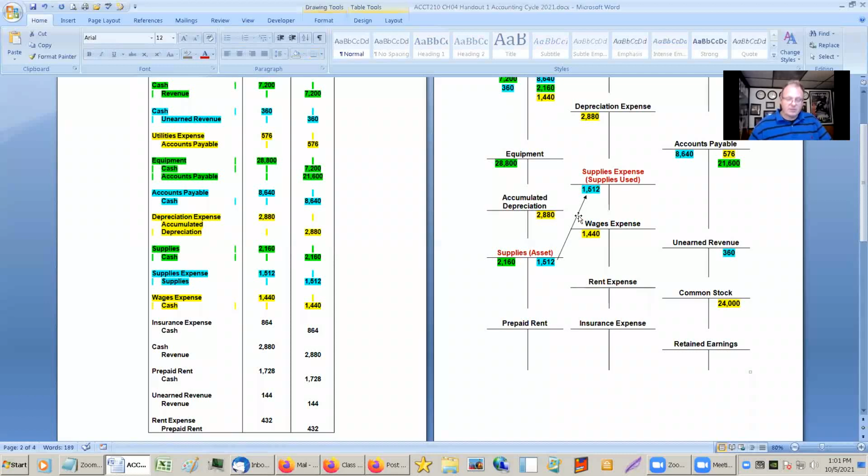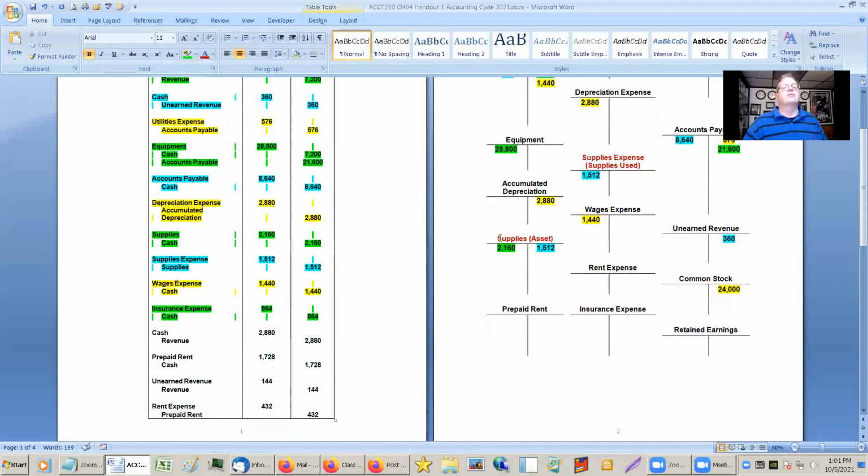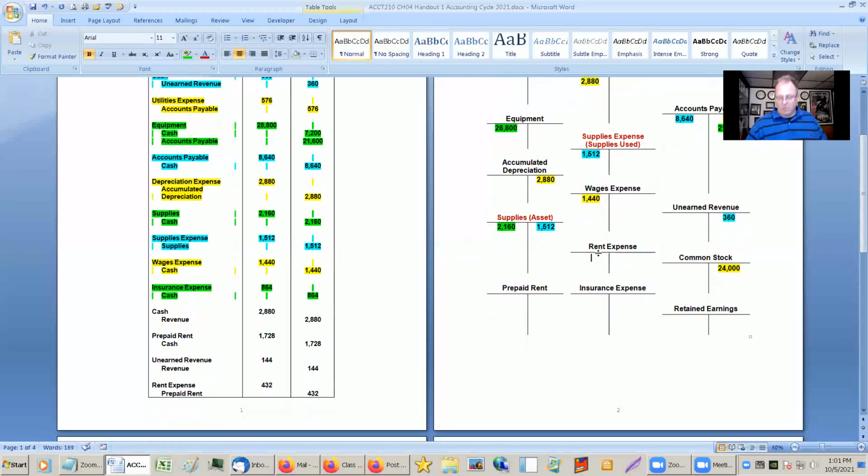I'm gonna get rid of that just because it's messing up my stuff here. Okay, so insurance expense, $8,640. What did it say? 864, I'm sorry.